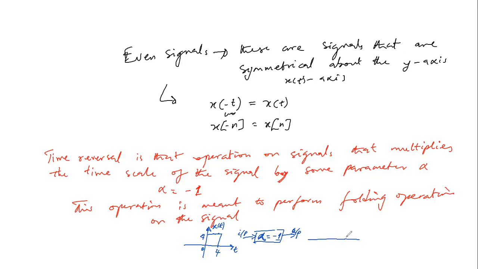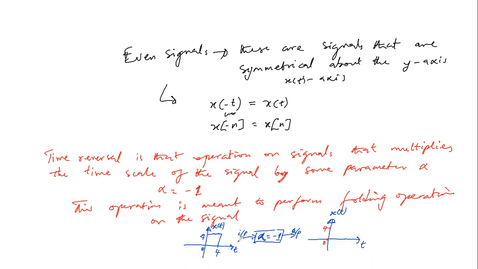Then if we perform time reversal on this signal, it means that this time t equal to 0 multiplied by -1 is still 0. So we still have 0 here, with an amplitude of 4.